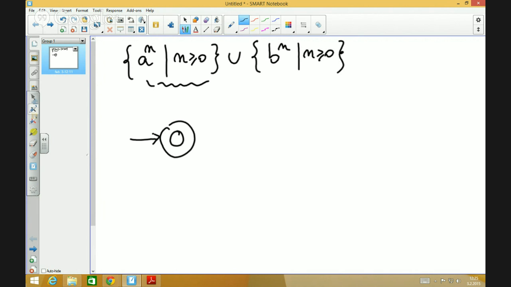So everything that follows the A's must be an A. Otherwise, it's not in the language. If we looped here, then somehow we will accept strings that do not have this pattern, A's only or B's only.